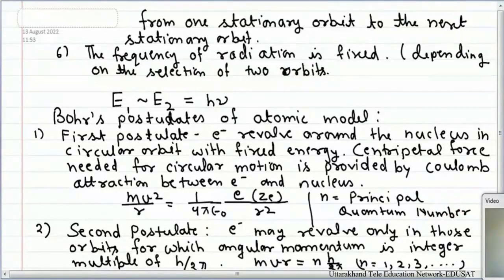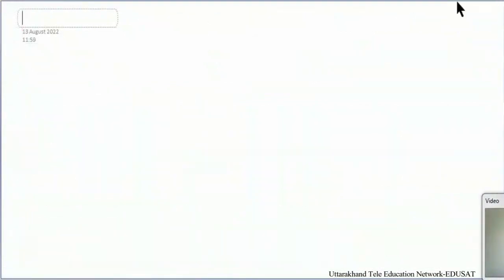So these were the first postulate and the second postulate. Now come to the third postulate of the Bohr atomic model.